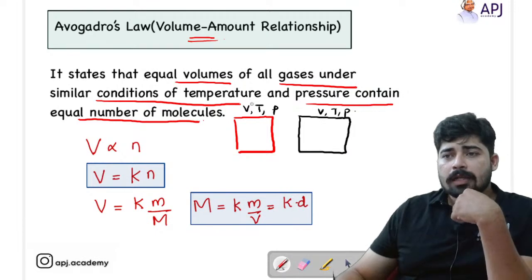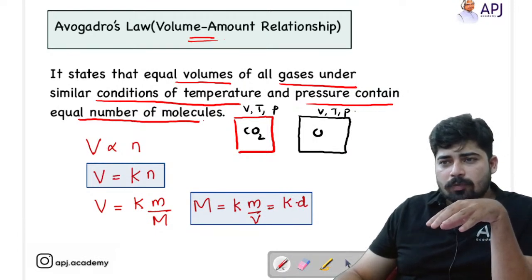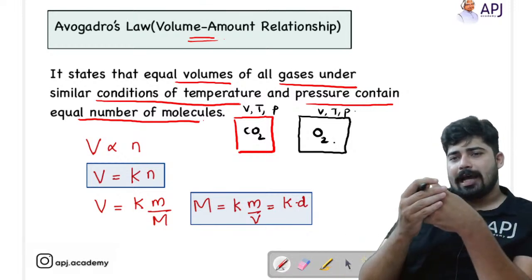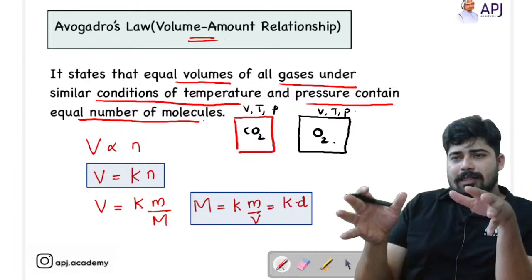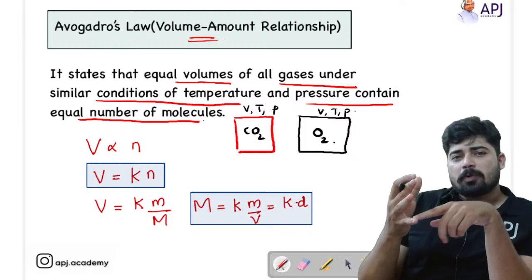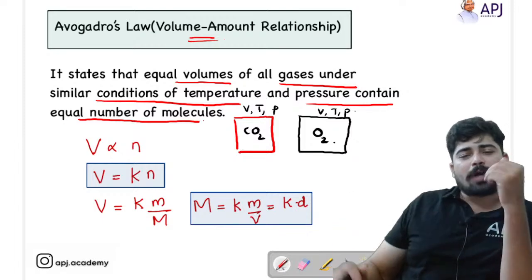Okay, and I am filling one room with carbon dioxide and the other room with oxygen. What Avogadro's law states is that if volume, temperature and pressure are constant, then the volume is directly proportional to the number of moles, irrespective of which gas you have filled.